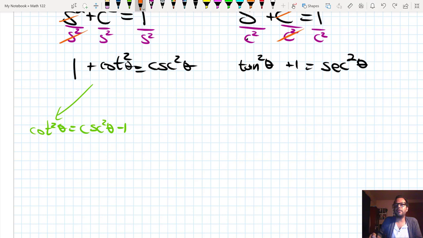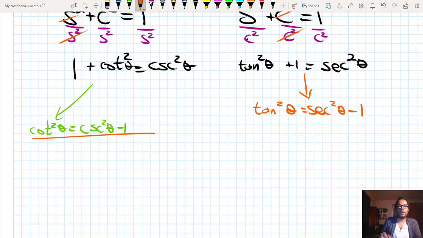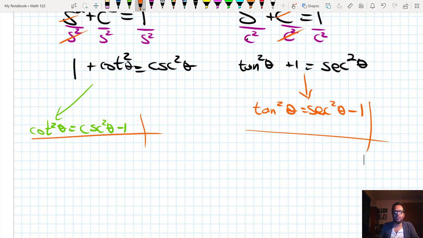And over here, this gives rise to tangent squared equals secant squared theta minus 1. So we give rise to two new identities. Now, how are we going to use these new identities here?